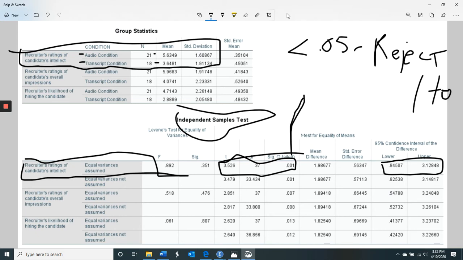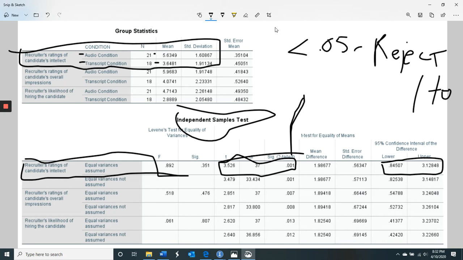So obviously the recruiter thought that the people in the audio condition were smarter than the people in the transcript condition by almost 2 whole points out of 10, I believe it was. And so we know it's significant, and then we know our means and standard deviations.